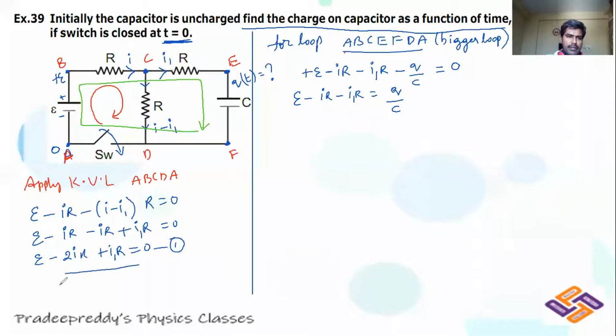So this gives you E plus I1R is equal to 2IR. Now how do you write I here? I will be equal to E plus I1R divided by 2R. You can take this I over here and substitute that, and finally you will be getting only one unknown, that will be I1.